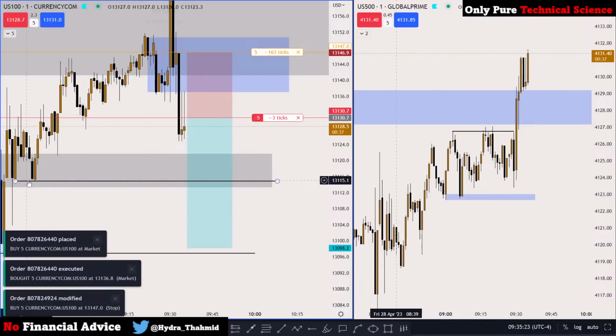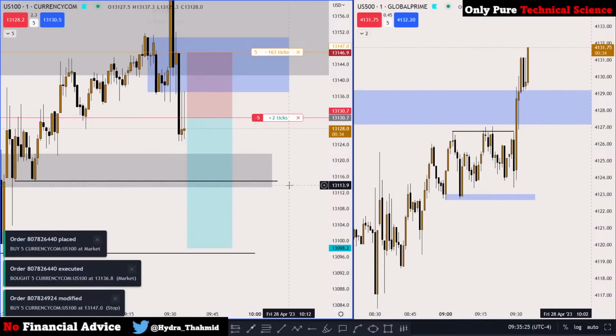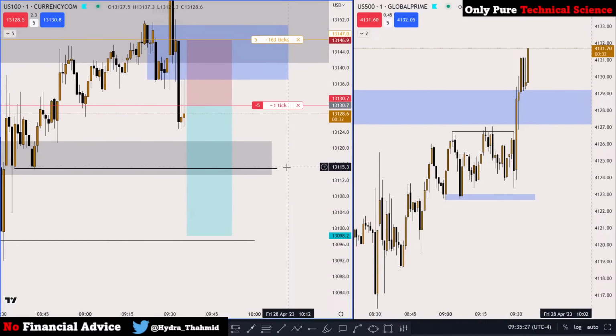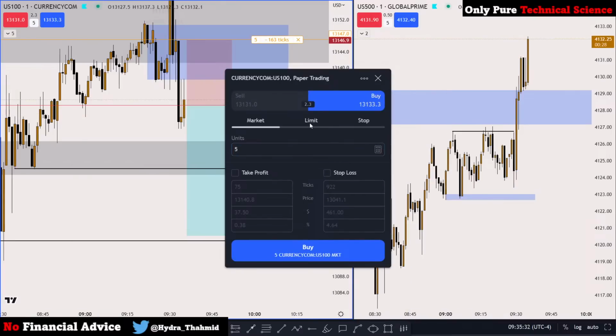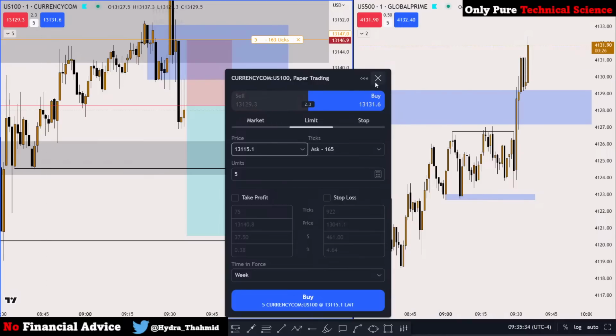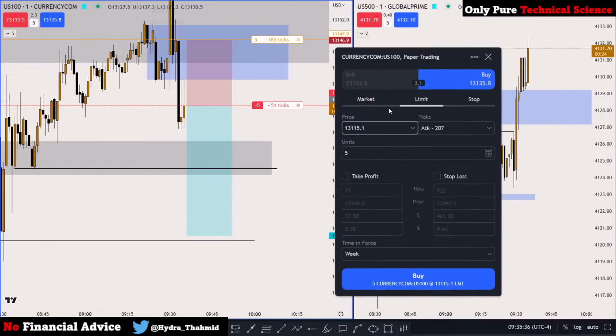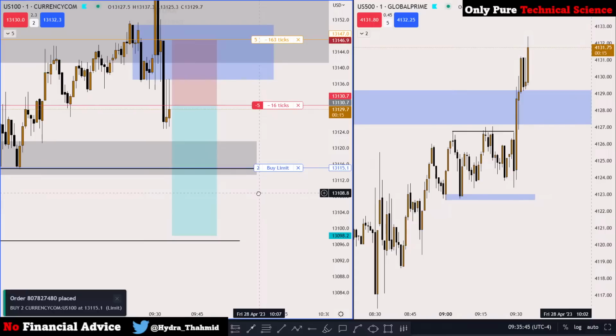I was supposed to put a limit here, not close the position. What the hell? I accidentally closed it rather than putting a limit. Okay, I think I will take off 2 now that I have 5. Limit. Okay, now it's good.